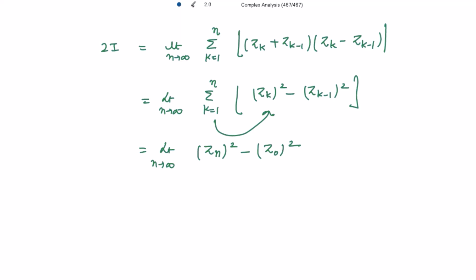Everything will be cancelled out, these two remain. What is zn? It is beta. So beta square minus alpha square. 2I is equal to beta square minus alpha square, or I is equal to beta square minus alpha square divided by 2. This is the answer for this integral.